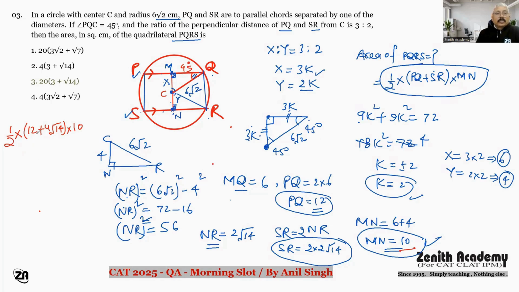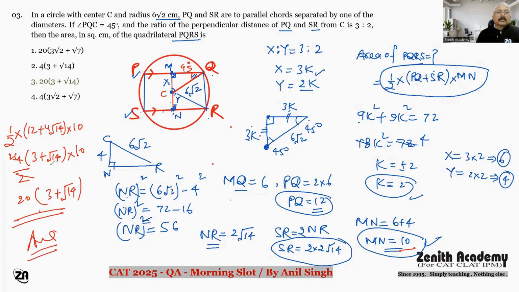So this is 2 into 6 plus 2 root 14. Take common 4. So 4 into 3 plus root 14, upon 2, into 10. 2 into 10 is 20. So 20 into 3 plus root 14 is coming as an answer. So 20 into 3 plus root 14, this is our answer.